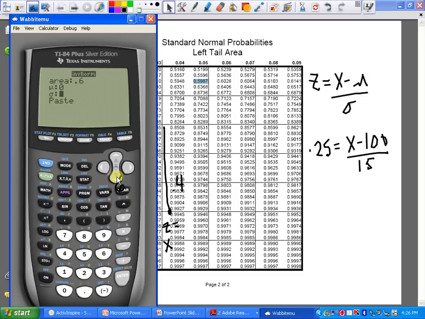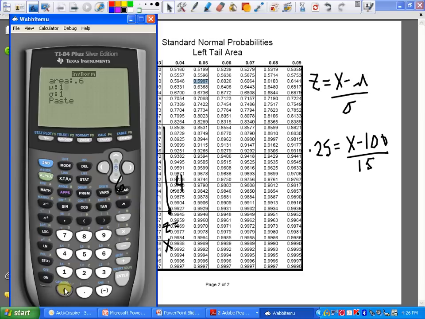So first, if I keep 0 and 1 as my mean and standard deviation, that is 0.25, which was the z-score that we found. That means that's how many standard deviations above the mean it is. Now, similar to how we did with normal CDF, I can also do 0.6.